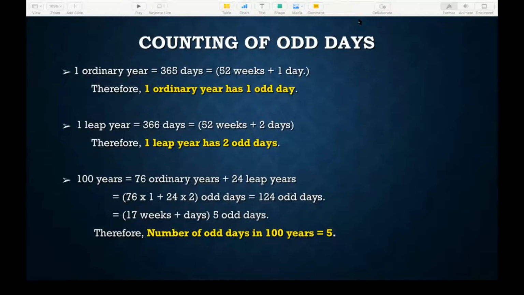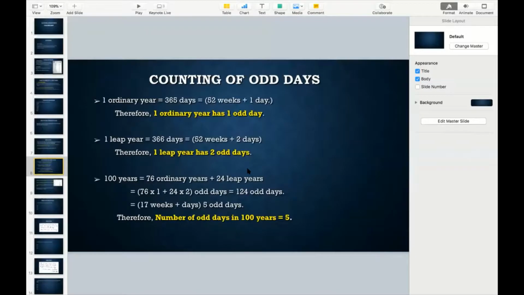In the first 100 years, how many leap years will there be? Generally, I get the answer as either 24 or 25.